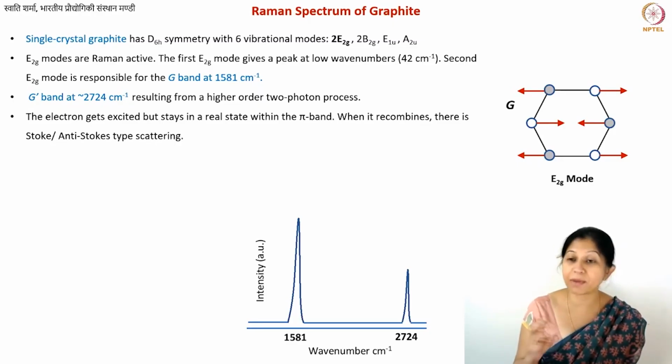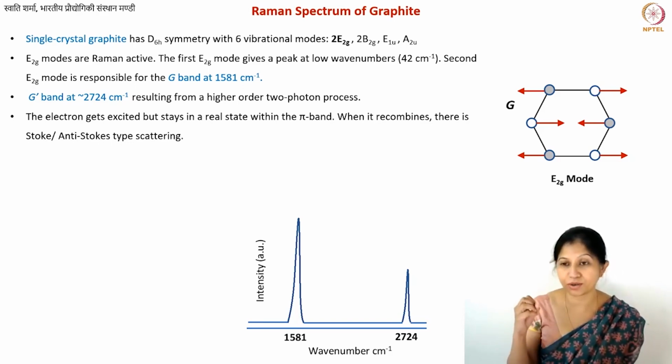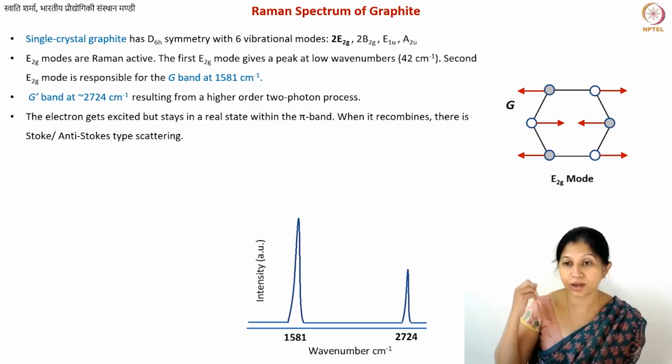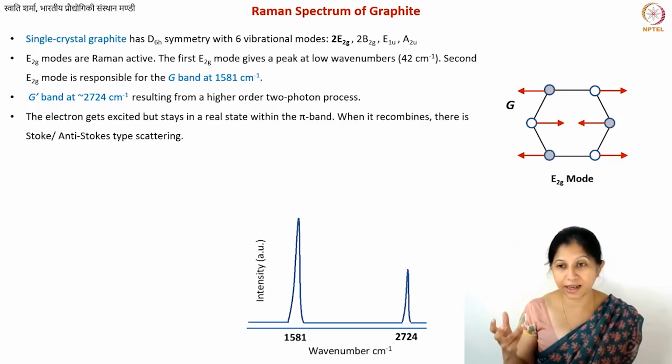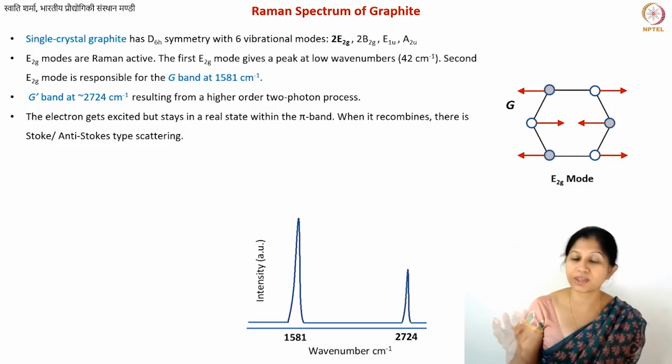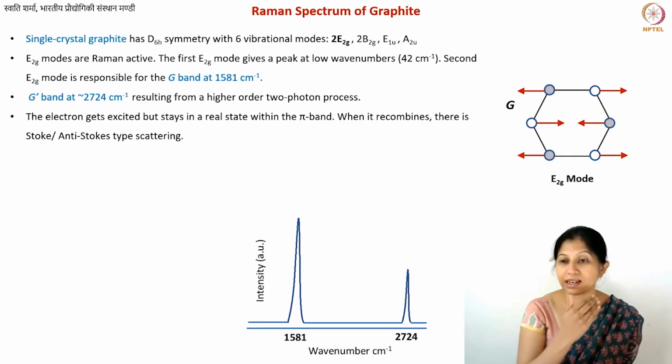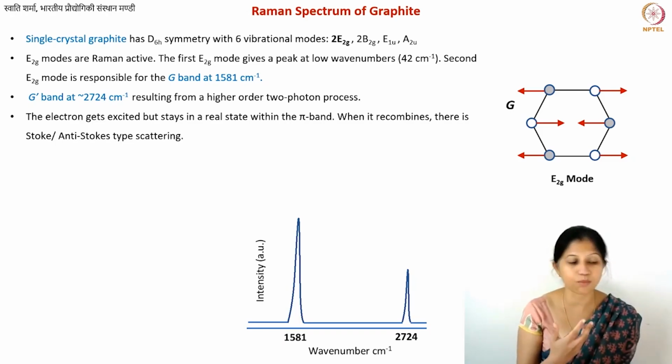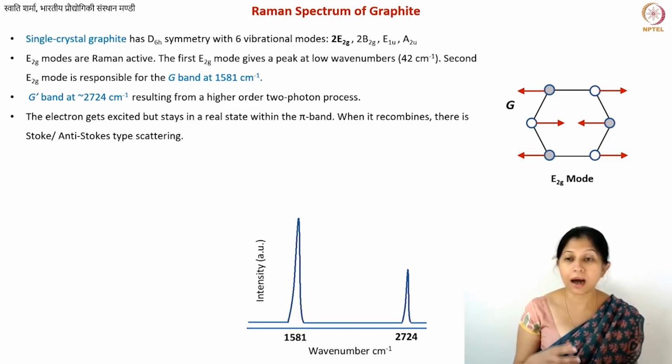The primary difference is that if you call it a second order process, you are still thinking that the electron is going into the virtual state, but that is not the case. It just goes into another real state and comes back, and that is why it's more accurate to call it G prime.